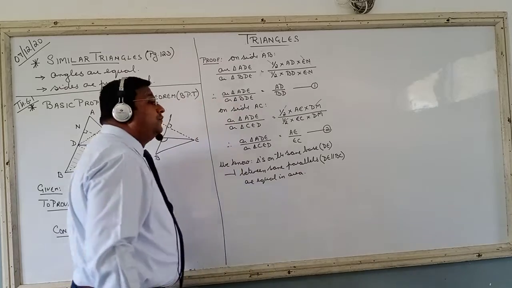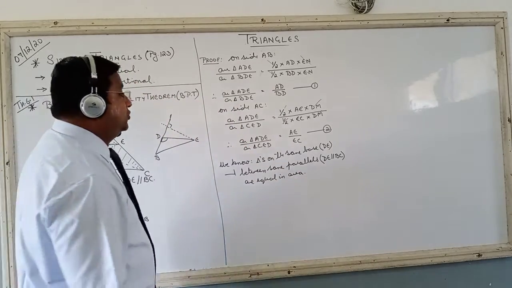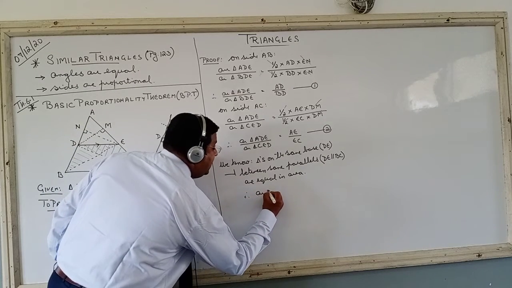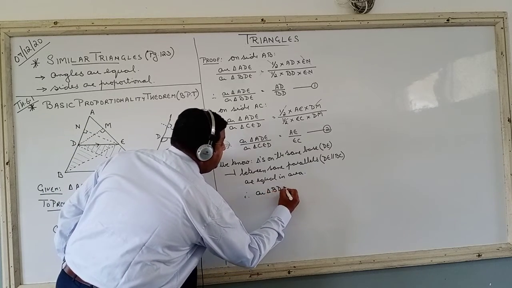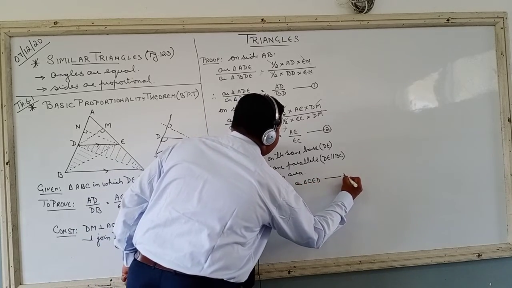We have proved it, we have done it in class 9. So therefore, area of triangle BDE equals area of triangle CED, equation number 3.